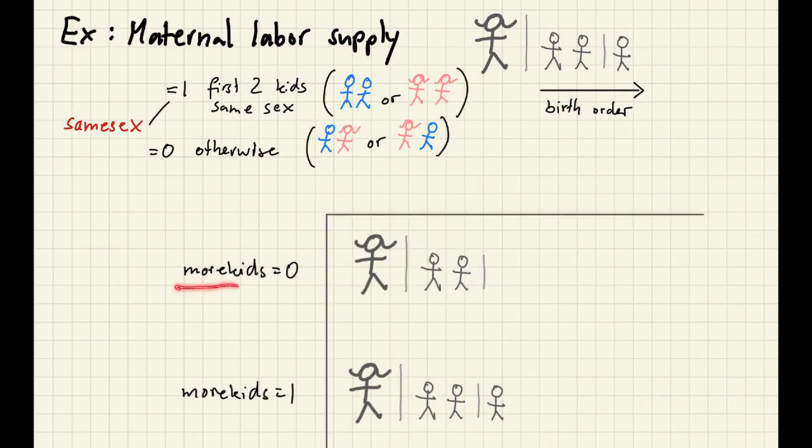To determine the value of more kids, we don't have to know the sex of the first 2 kids. But to determine the value of same sex, we do. For example, we have same sex equal to 0 if the first child is a boy followed by a girl. So we would simultaneously have same sex equal 0 and more kids equal 0 if the first child is a boy and the next child is a girl, and if then no additional child follows.